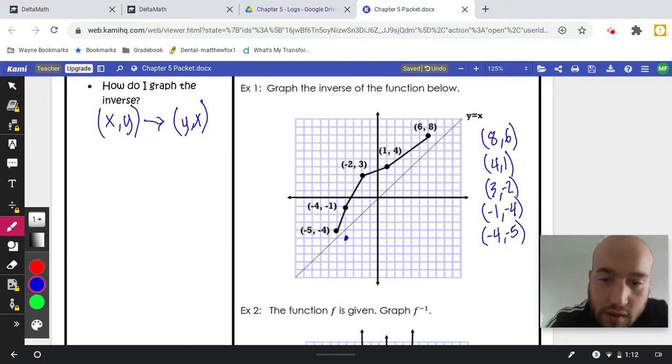So let's see. Alright, and then just draw in as straight lines as you can.